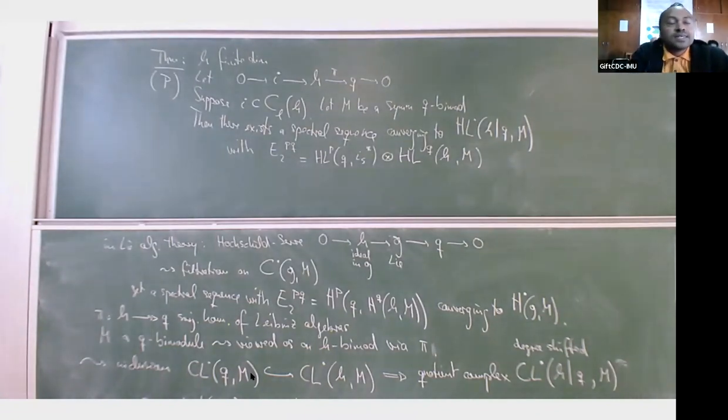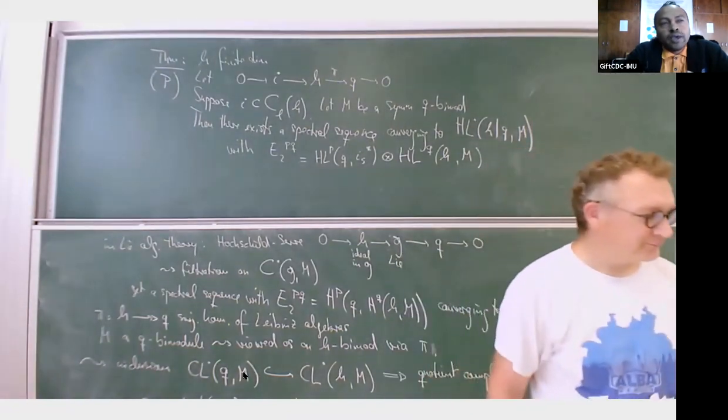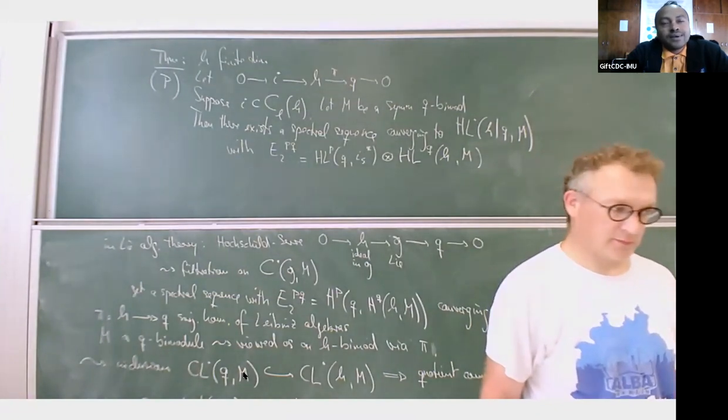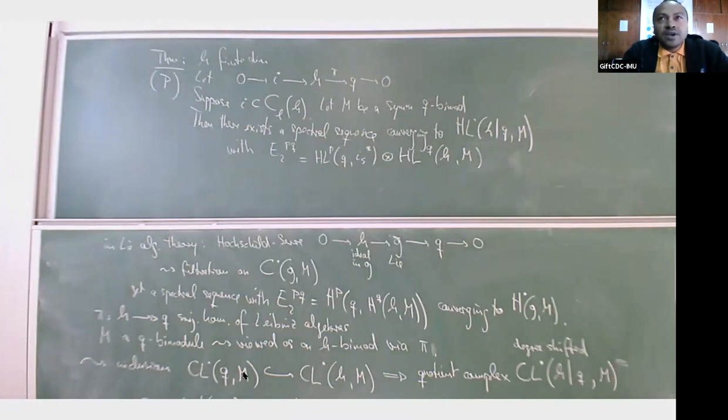Thank you. I have some question about the correspondence between Leibniz algebras and Lie algebras, in the sense that if we have H a Leibniz algebra, we can have H Lie, the corresponding Lie algebra.